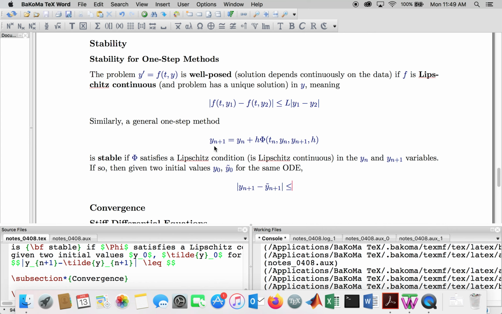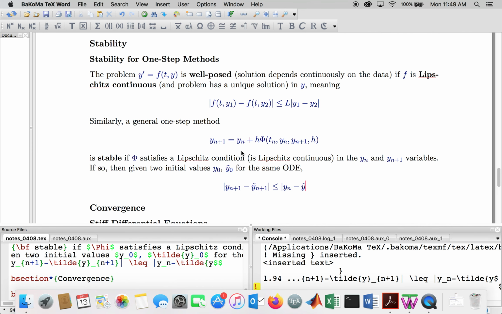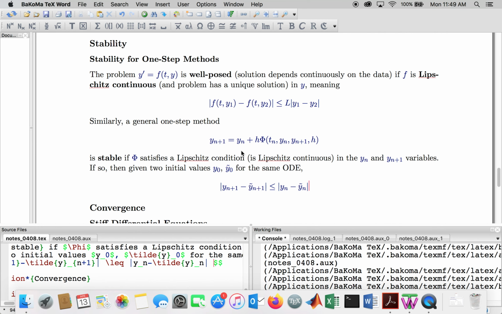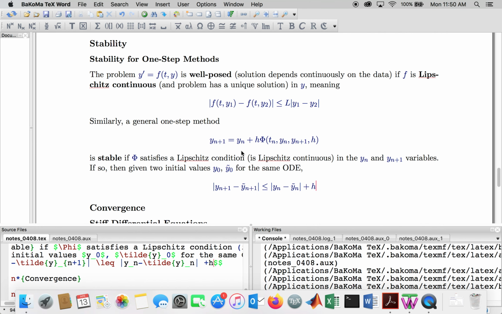the difference in the n plus 1 values is the difference in the n values, y n minus tilde y n, plus h times the difference in phi values, with y n versus tilde y n and y n plus 1 versus tilde y n plus 1.